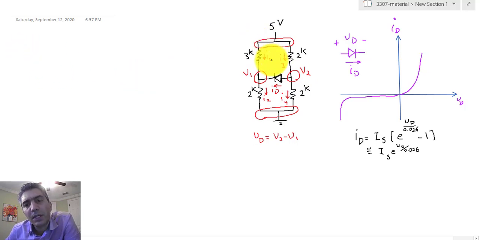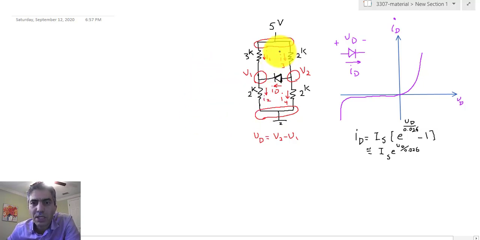Just have to be careful. You may be tempted to just ignore the fact that there are currents here and just say I1 plus I2 is equal to 0, at which point that equation is incorrect. So if it makes it easier for you to understand what is going on here, basically between these two nodes there is a voltage source connected with the value of 5 volts, and from that voltage source there is a current coming in and there's a current going back to that voltage source.